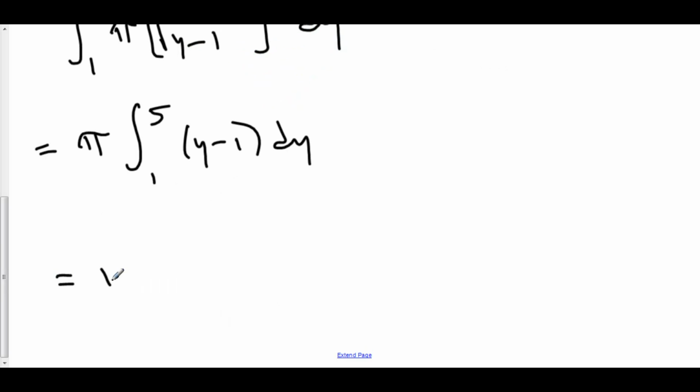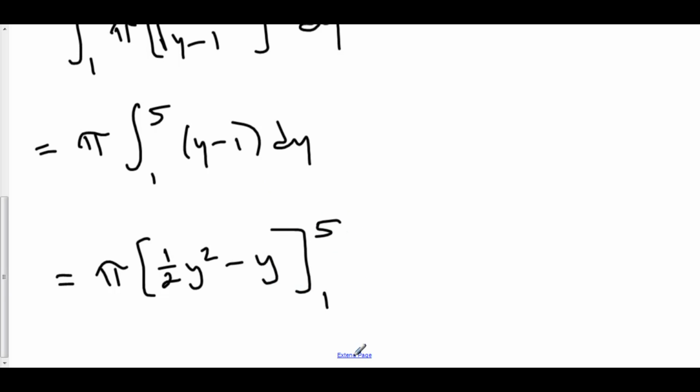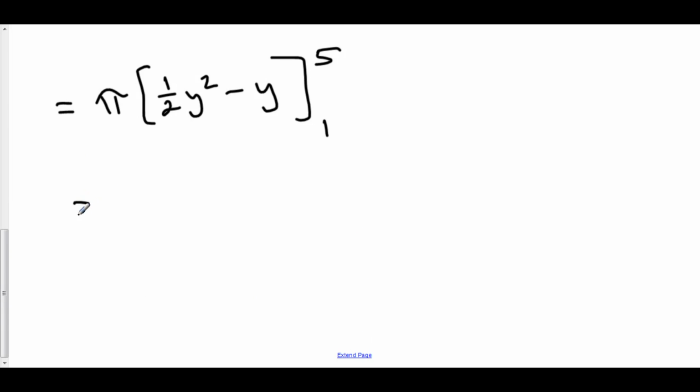So this is equal to pi. The antiderivative of y is 1/2 y squared, and the antiderivative of negative 1 is negative y. This is from 1 to 5. Let's first plug in 5.